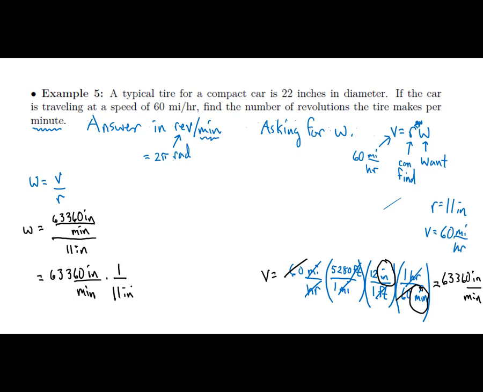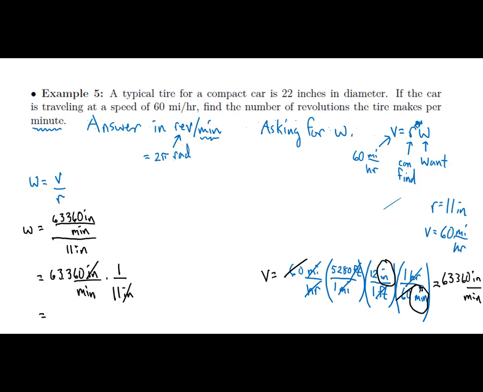So I get these inches to cancel out, okay? And it shouldn't be surprising that the only unit that survived here is the minutes on the bottom, because remember, omega is an angular velocity. So if I have no units up here, then what I really have are radians, right?